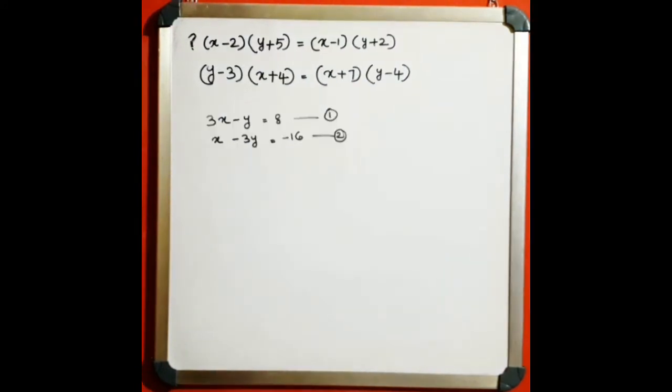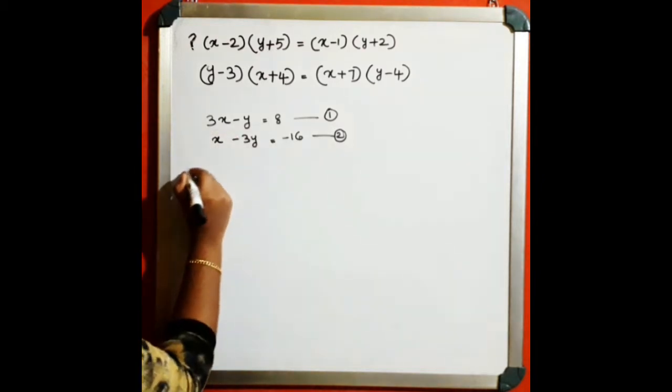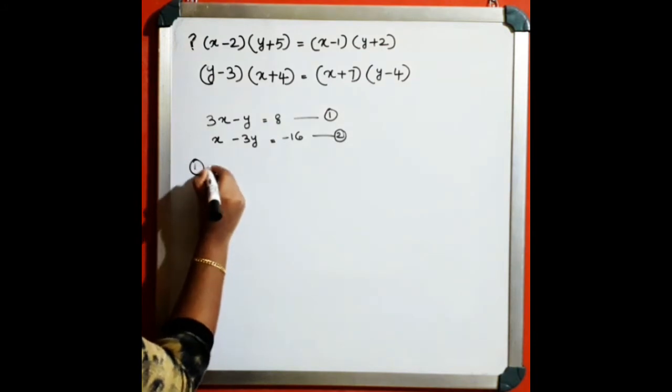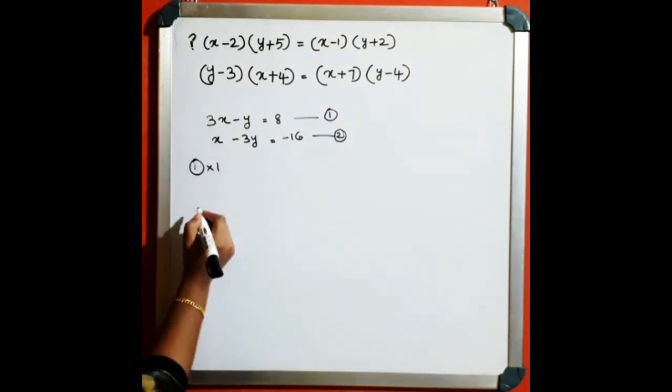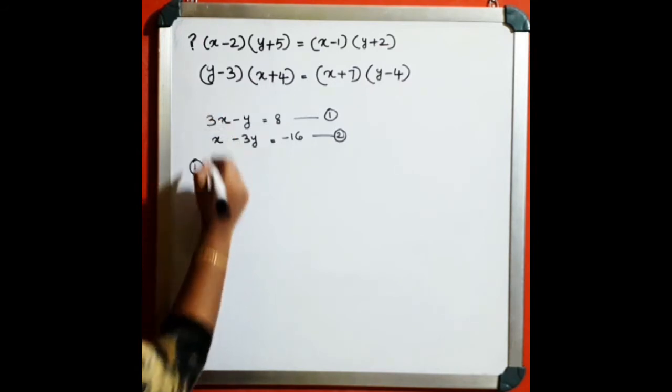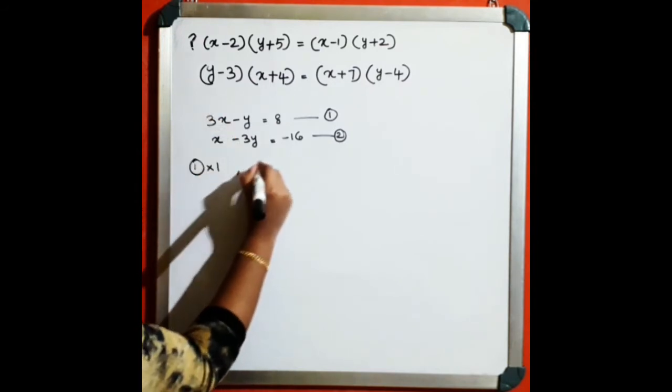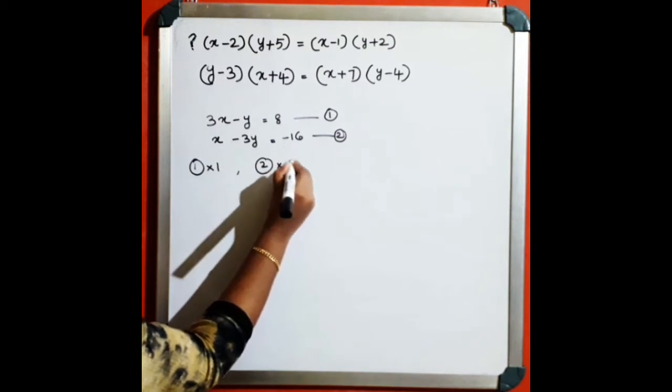Now we get the equations 3x minus y is equal to 8 and x minus 3y is equal to minus 16. And solve these equations by the elimination method. So just multiply equation 1 by 1. Here the coefficient of x is 1. So also multiply equation 2 by 3.